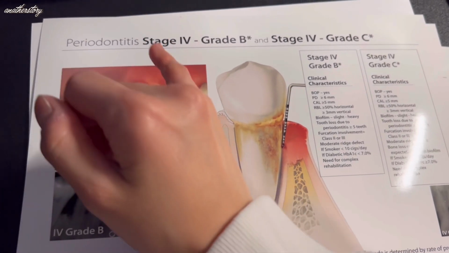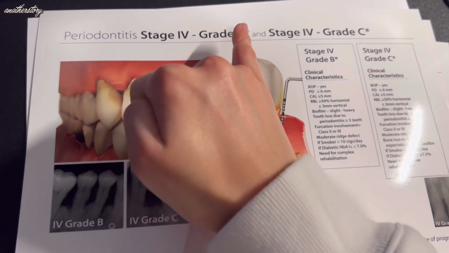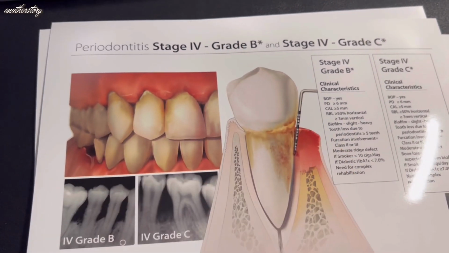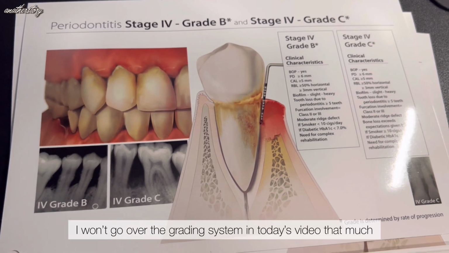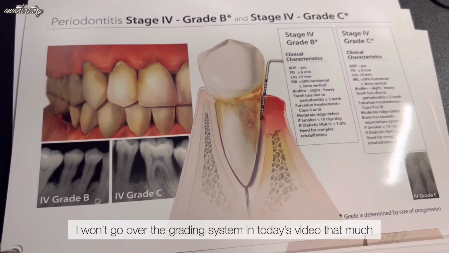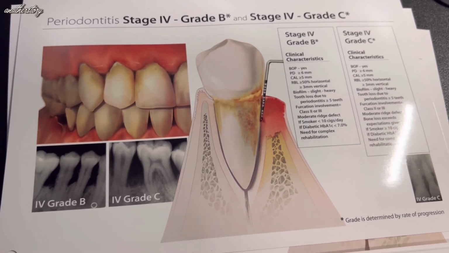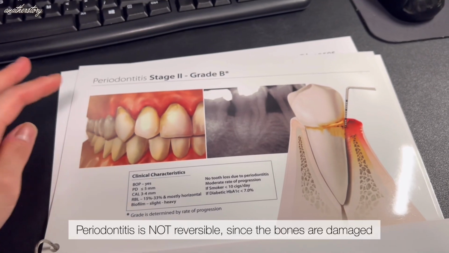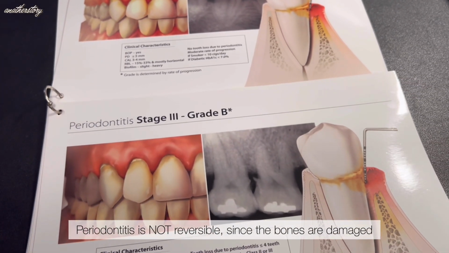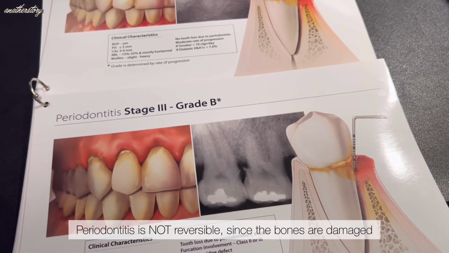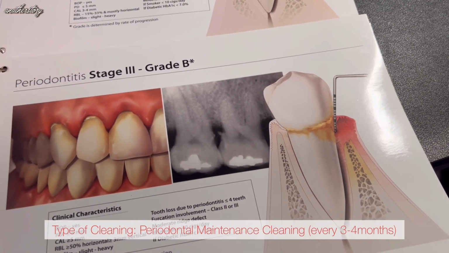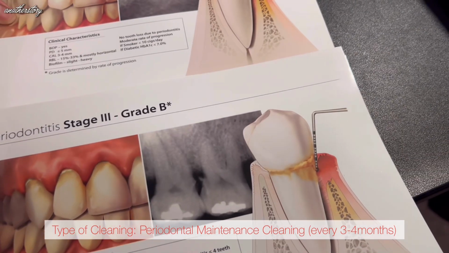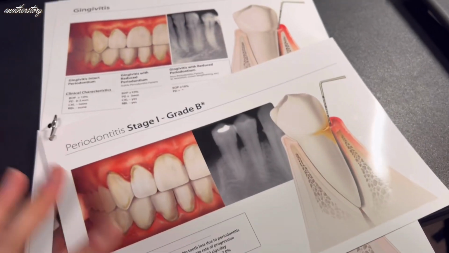And not only staging, but there is also a grading system. The grading system is based on our health, whether you are a smoker or not, whether you have diabetes or not. And at the periodontitis stage, nothing is reversible to the healthy side. So that's why we want to prevent these incidents from happening by taking care of our gums.